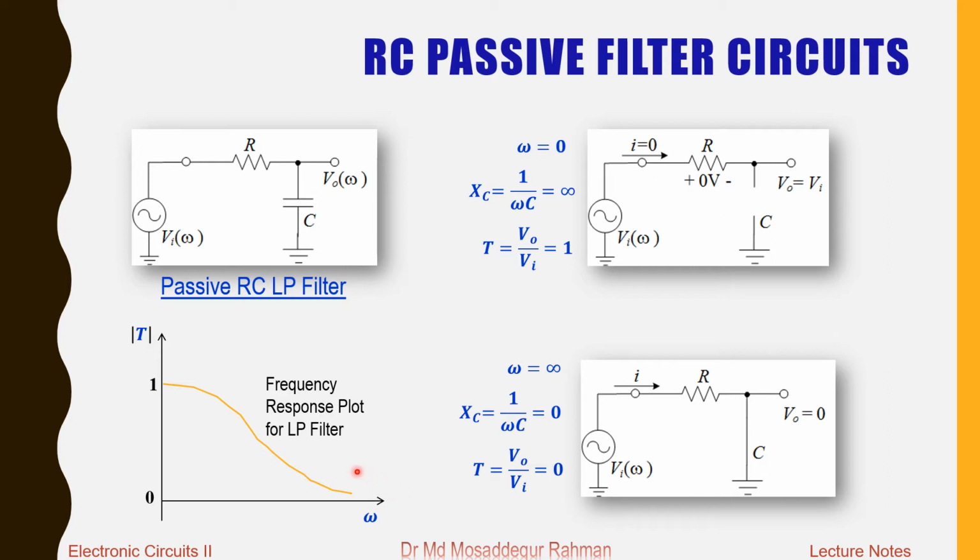So this is how it will look, what is also known as the frequency response plot for the low pass filter. So the circuit here will work like a low pass filter, and that's what we call a passive RC low pass filter.